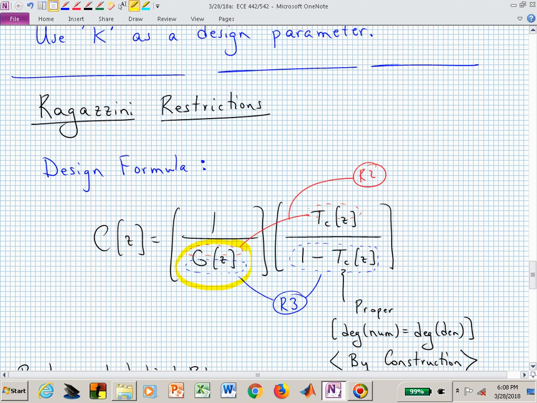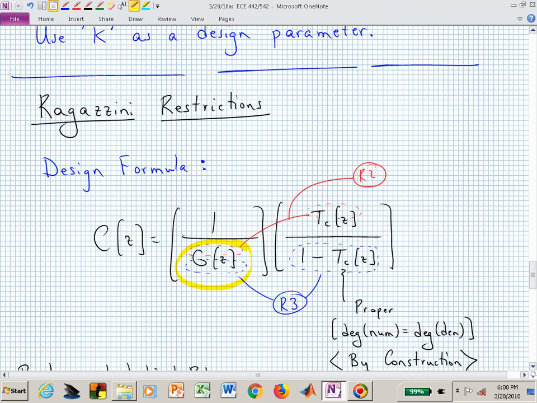We don't want capital C of z to end up canceling poles and zeros in the closed loop system. This is in the design process. We can cancel those in the design process. This is the process that I'm using to create my controller. So I can understand your confusion. I thought you just said not to cancel, and here you're canceling. Well, that's exactly what I said, but here we're doing it on the controller.